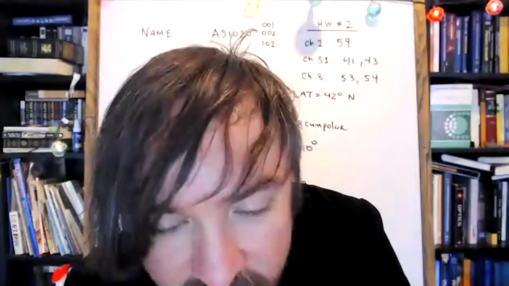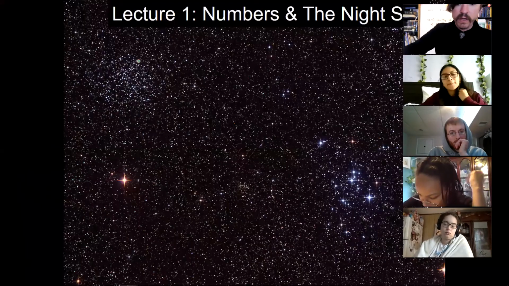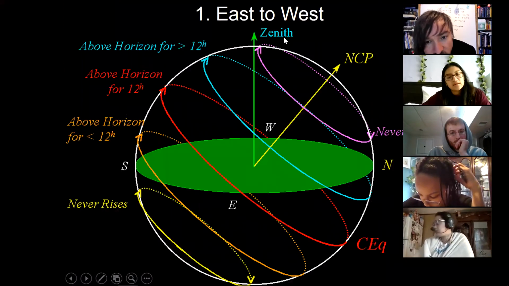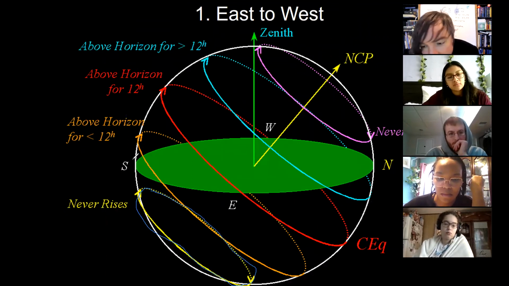If you imagine that the slide I showed you is for our location, this is slide 81. Notice that if you have a local sky that looks like this, there are some stars, namely the yellow ring stars, that even as the Earth spins, never actually come up above our horizon.